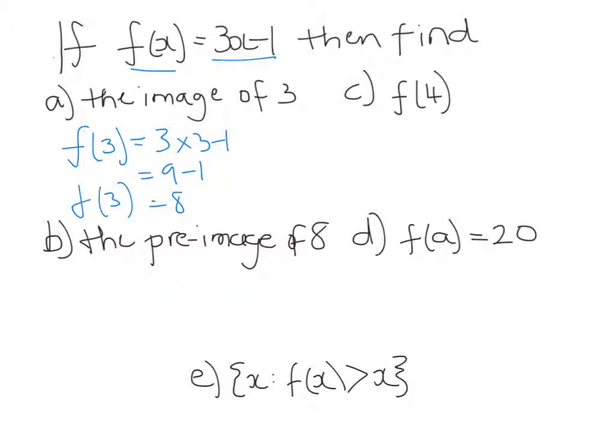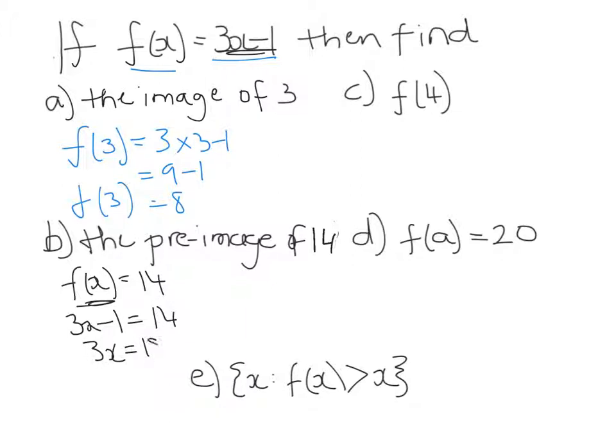Now down here it says, what is the pre-image of... I suppose I should have chosen another one. So say we chose find the pre-image of 14. What that means is we want to know what x is if what comes out is 14. So in place of f of x, since f of x is equal to 3x minus 1, we could say 3x minus 1 equals 14, which means 3x is equal to 15, which means x is equal to 5.